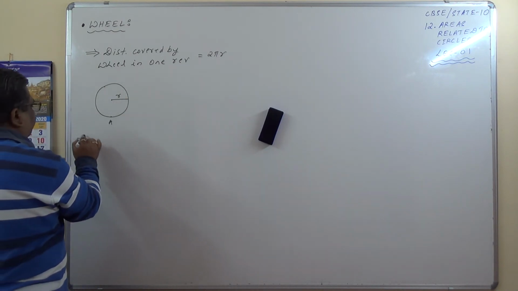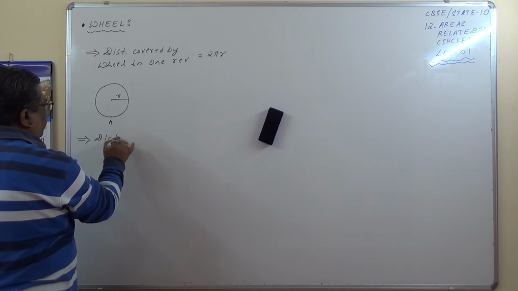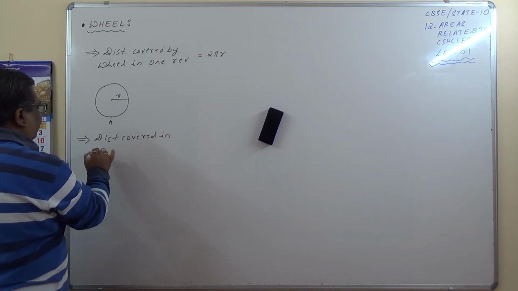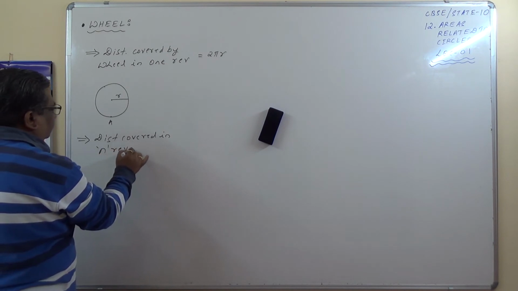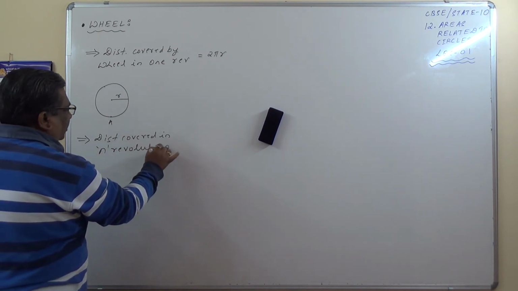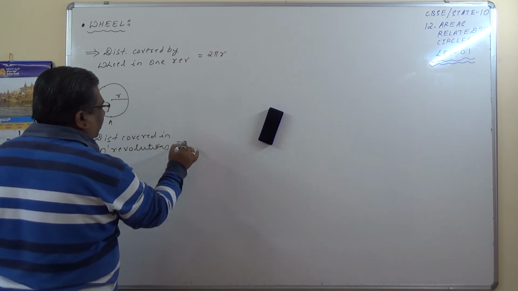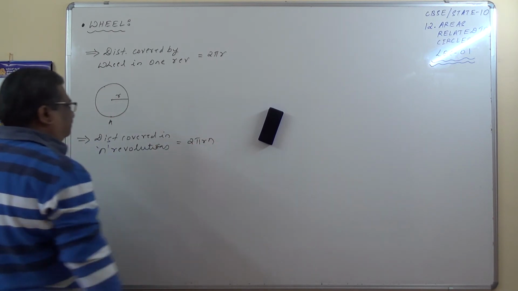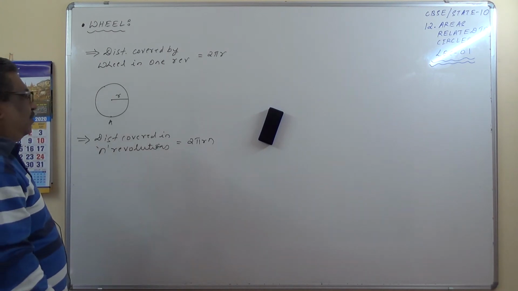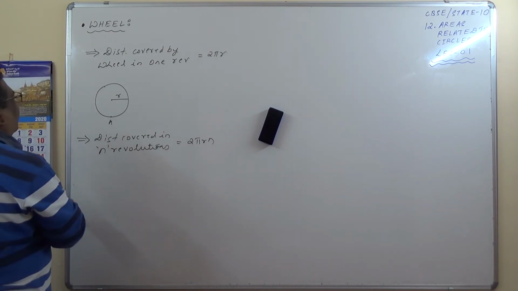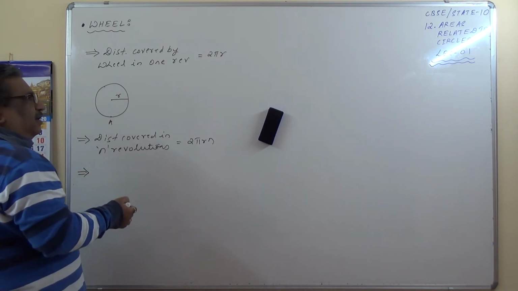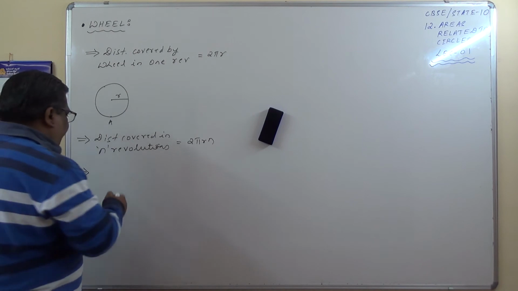Similarly, the distance covered by the wheel in n revolutions is equal to 2 pi r into n. This is one more formula. Then one more formula is how to find the revolutions per minute, RPM.